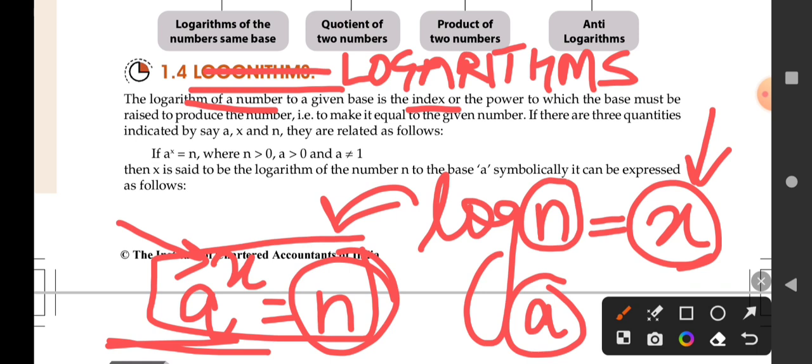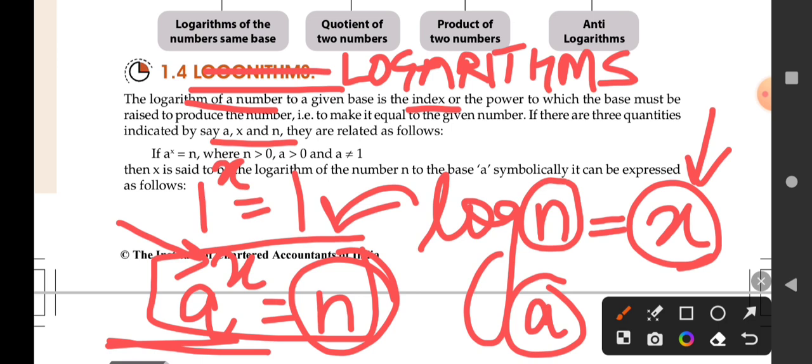Okay, so if there are three quantities indicated by, say, a, x and n, they are related as follows: a power x equals to n. So n is greater than 0 and a is also greater than 0, but a will not be equal to 1. Why? Because 1 raised to anything will be 1. Okay, so it doesn't make any sense.